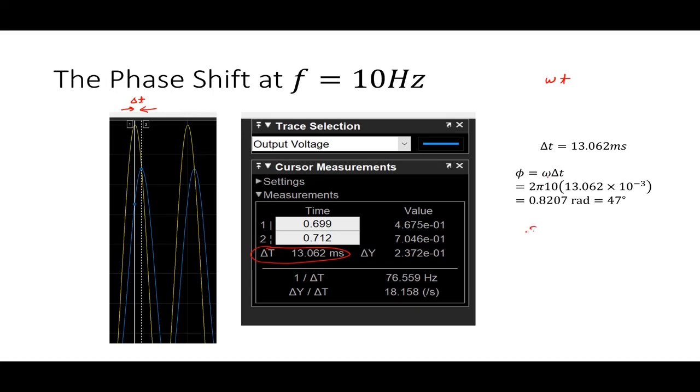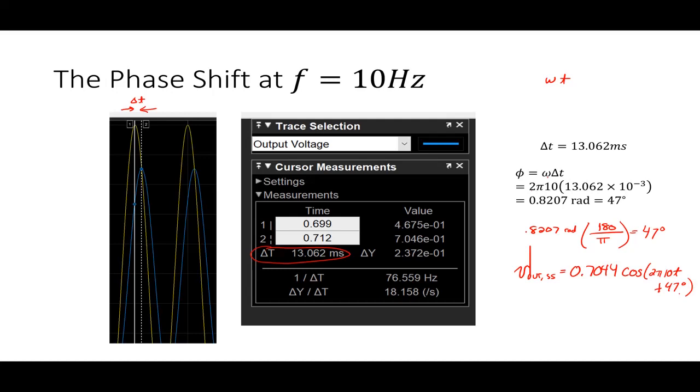So I did 0.8207 radians times 180 over pi, and I got 47 degrees. So what that tells me is that V out steady state is 0.7044, like I said before, times cosine 2 pi 10 t plus 47 degrees, like that.